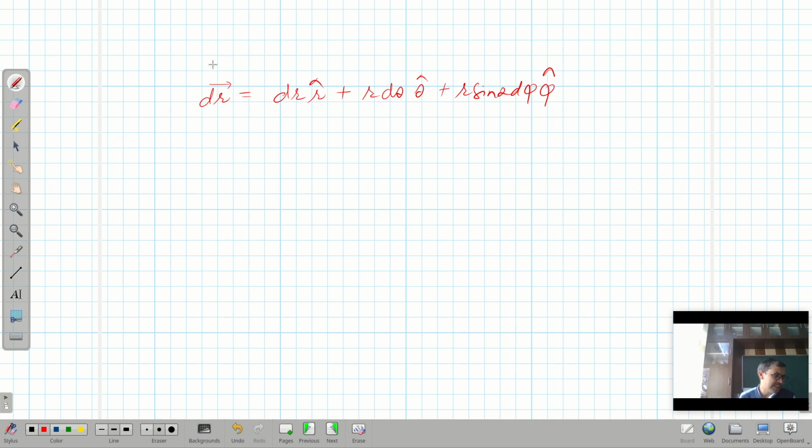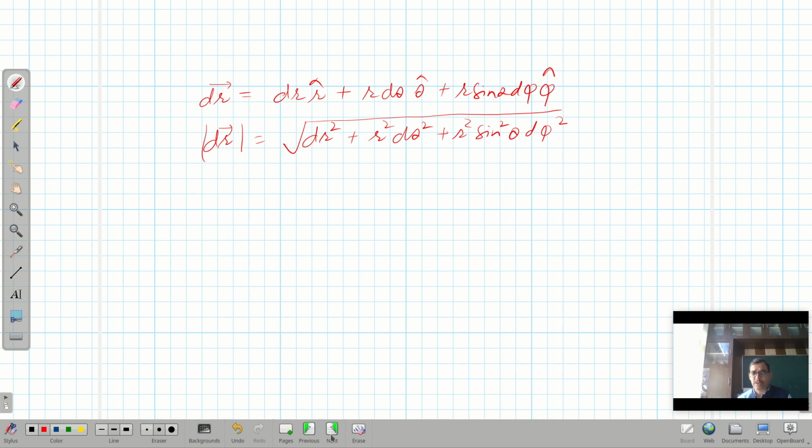So this is the line element, and we can write down its magnitude like this. It is equal to dr square plus r square d theta square plus r square sine square theta d phi square. So this is how this small line element can be written in terms of spherical polar coordinates.